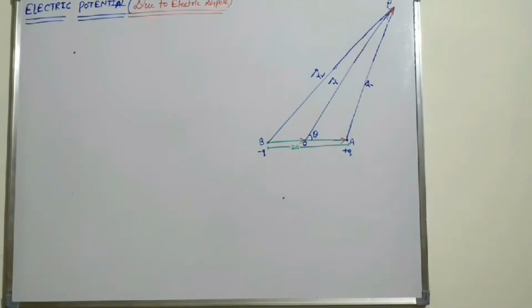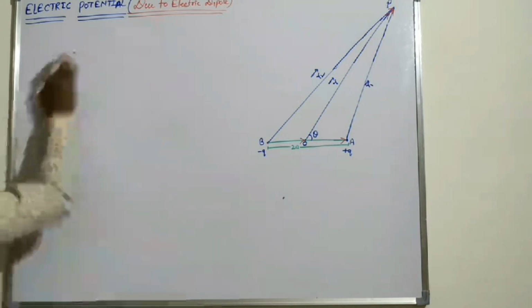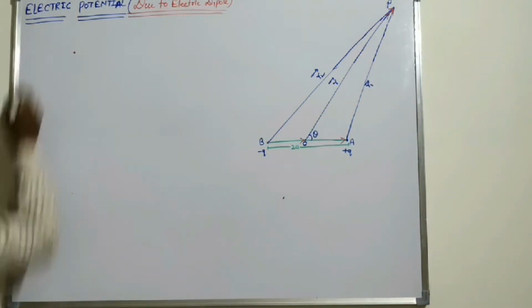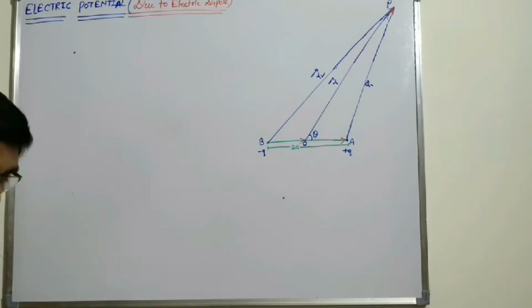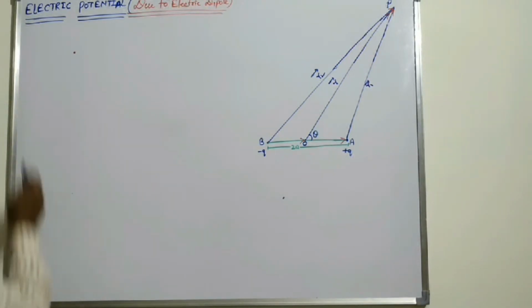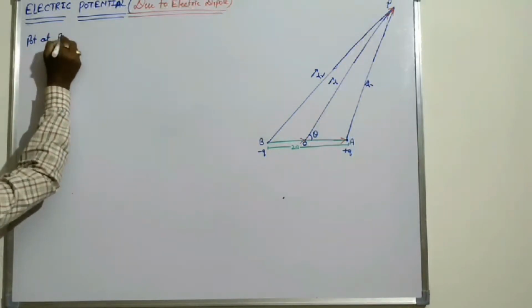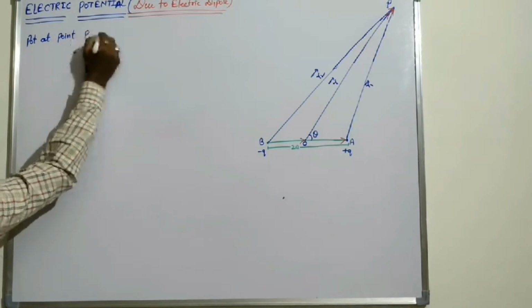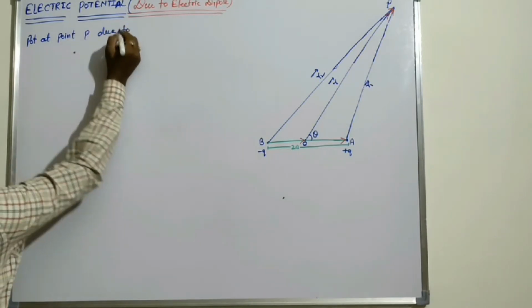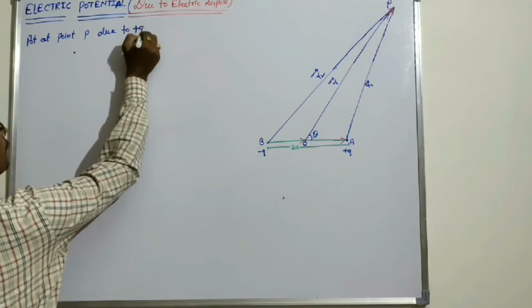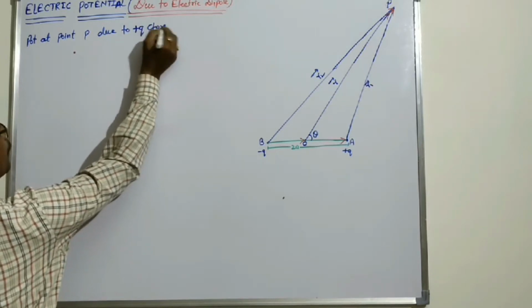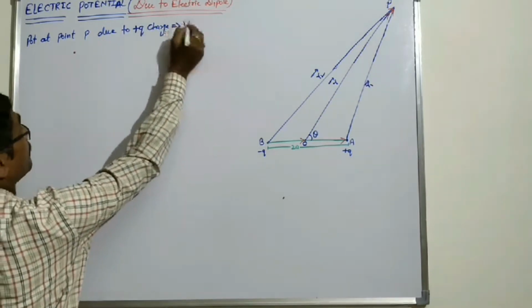Now we can say electric potential at point P is equals to the sum of potential applied by the positive and negative charges. So potential at point P due to plus Q charge is equals to V1.